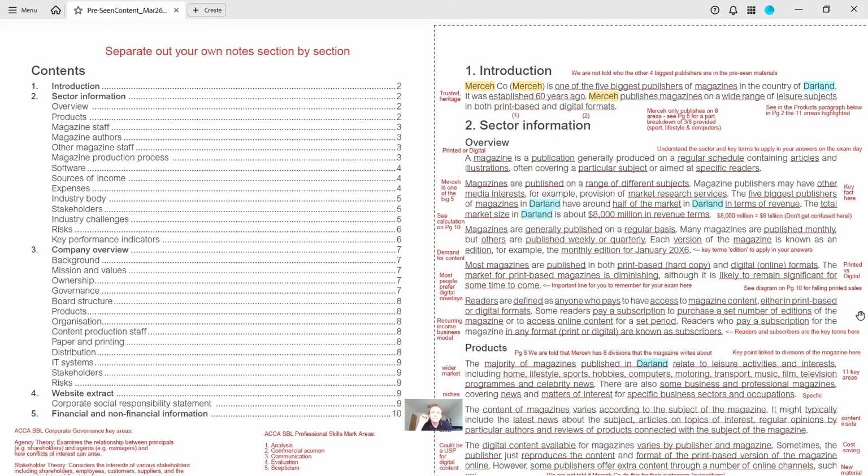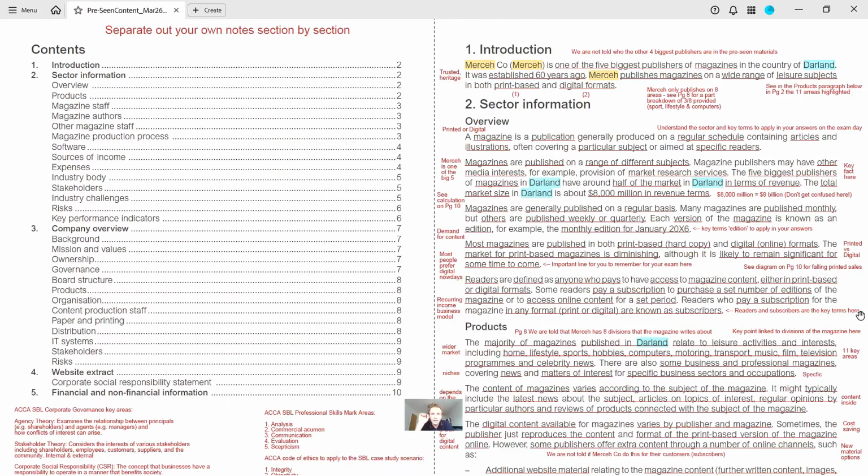And you can see on here, Merceh Co actually only publishes on 3 areas. If you see page 8 for the breakdown, we've got sport, lifestyle and computers, but you should see in the products paragraph below on page 2, there are a variety of different areas that we're told about. I'll even put my mouse on it for you. So it's this sentence down here that the majority of magazines that they actually produce in terms of areas that they publish on is home, lifestyle, sports, hobbies, computers, motoring.